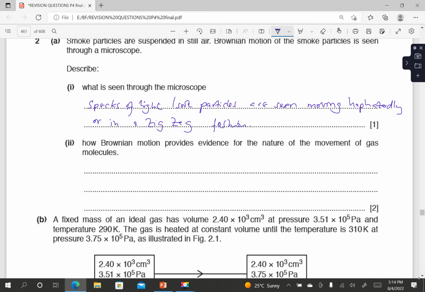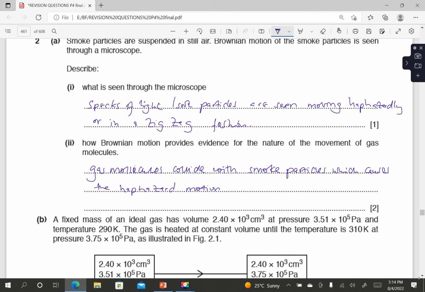So we are saying that the gas molecules collide with smoke particles, which causes the haphazard motion or the zigzag motion.